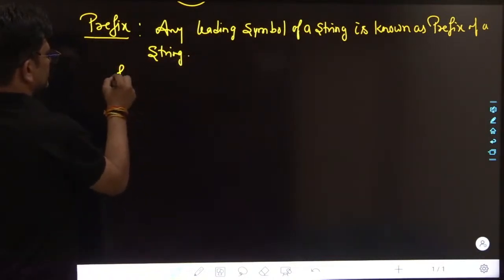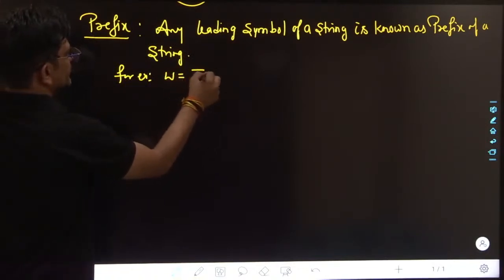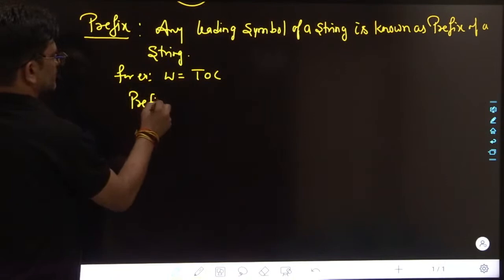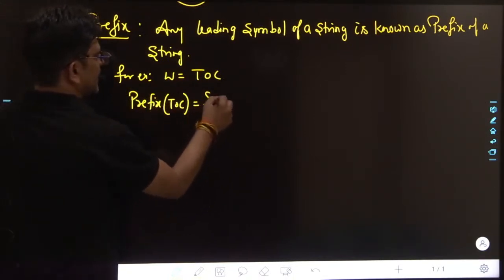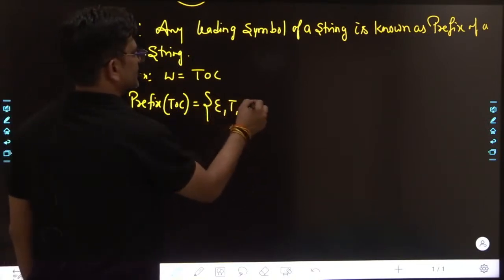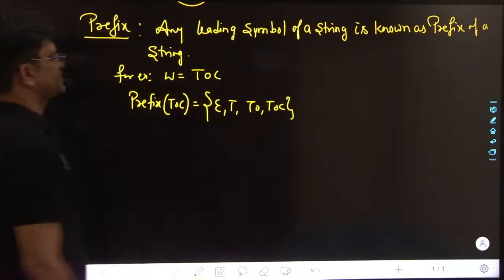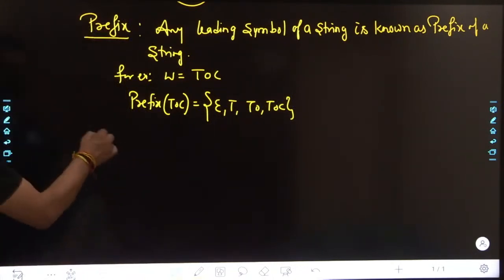For example, string W is TOC. Then the prefixes of TOC are epsilon, T, TO, TOC. So what is the conclusion from here?